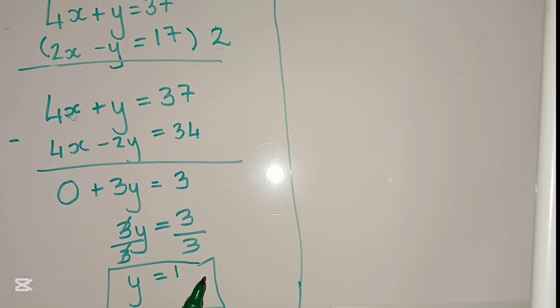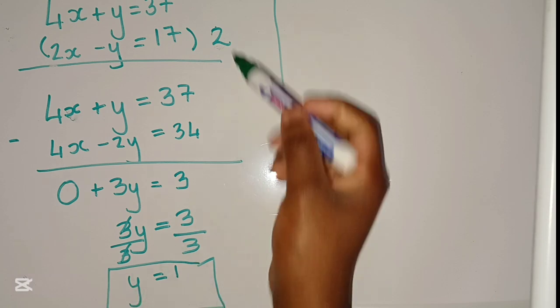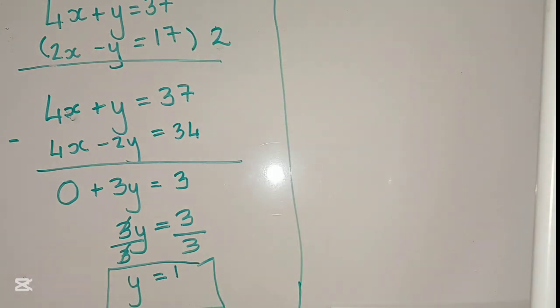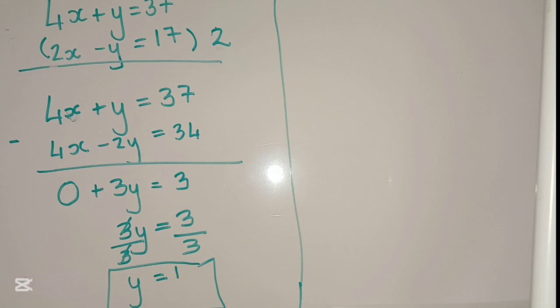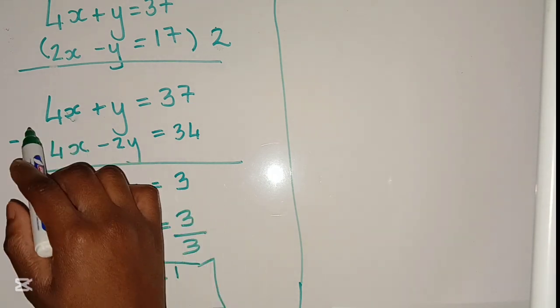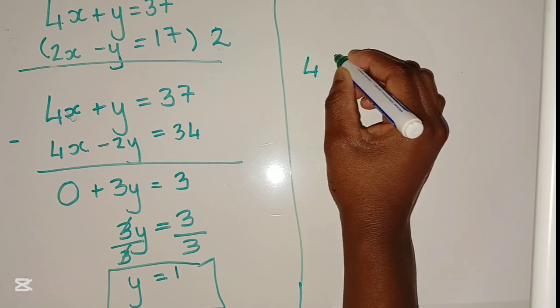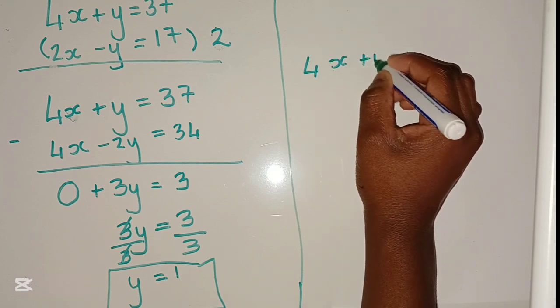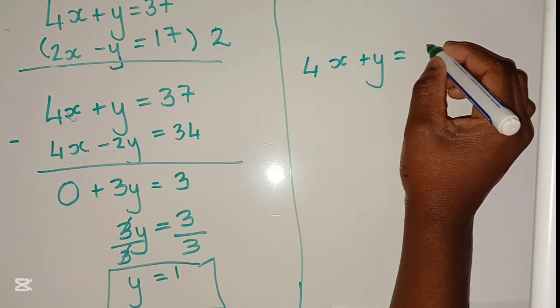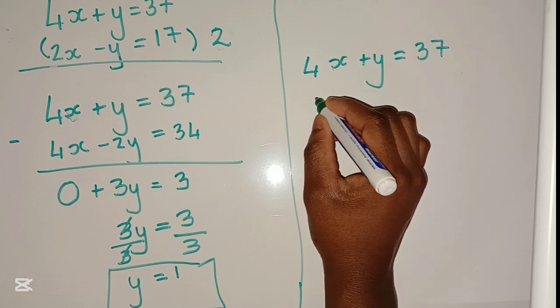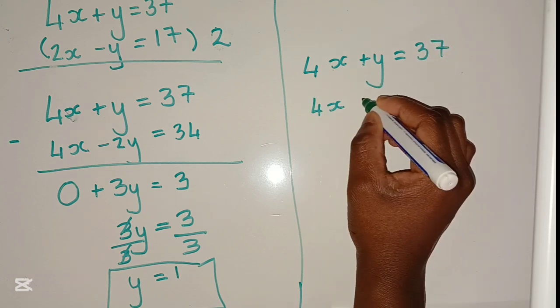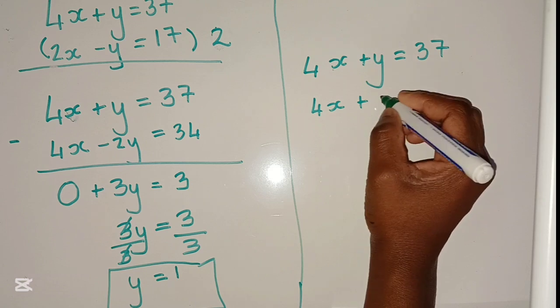I substitute the value of y into one of these two equations. I'm going to substitute the value of y in this first equation, 4x plus y equals 37. 4x plus 1 equals 37.